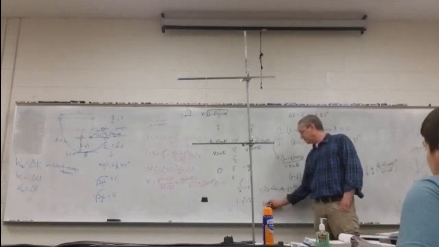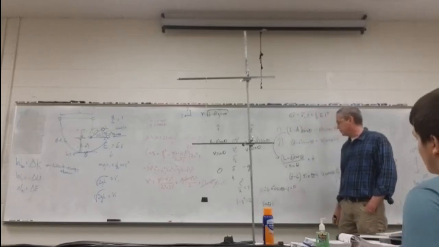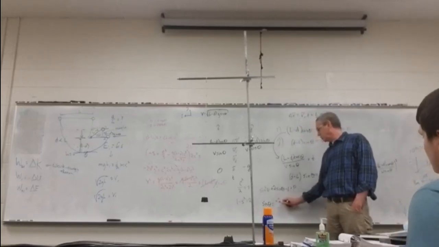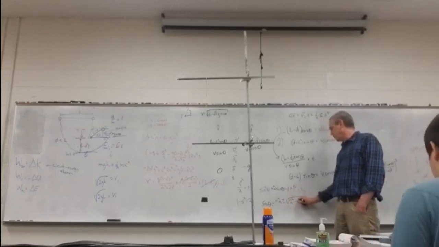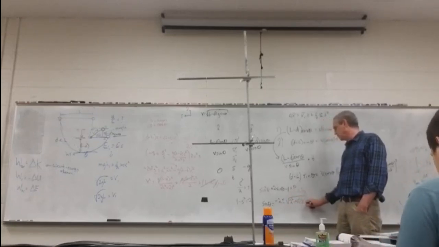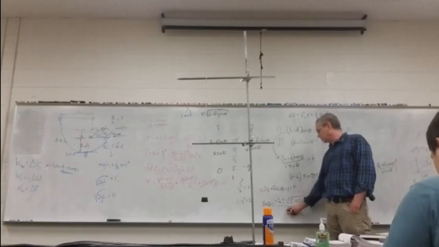Little Pythagorean, little quadratic formula. So sine theta is equal to negative 2 plus or minus the square root of 2 squared minus 4 times 1 times negative 1, over 2.